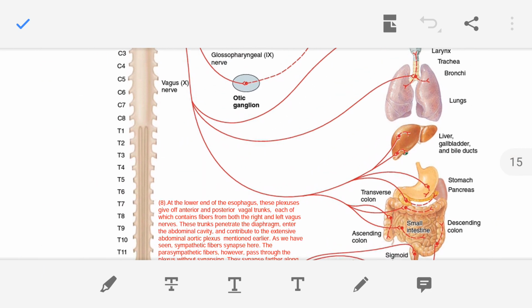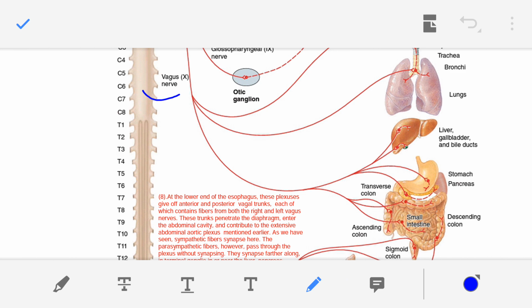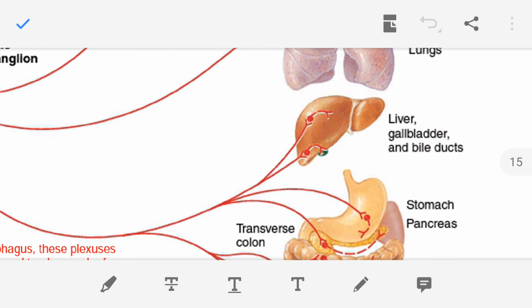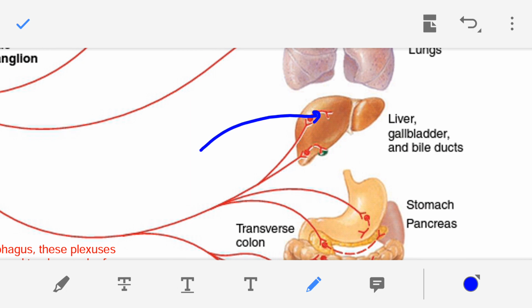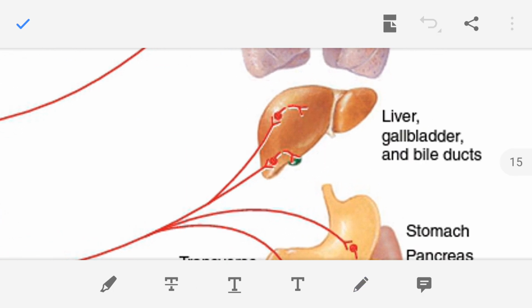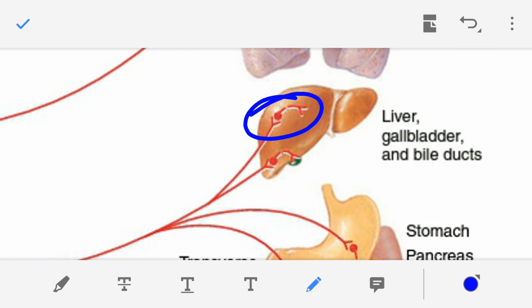So here you can see this is the vagus, right? And these are the fibers, and you can see the fibers reaching all the way to the liver. In the liver, here they make synapse with the postganglionic fiber.